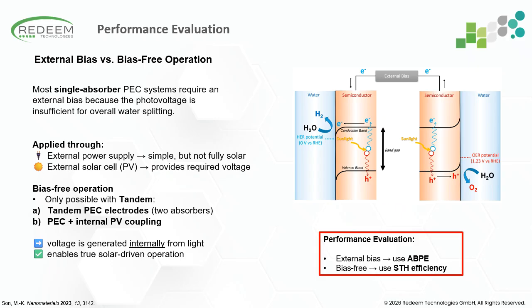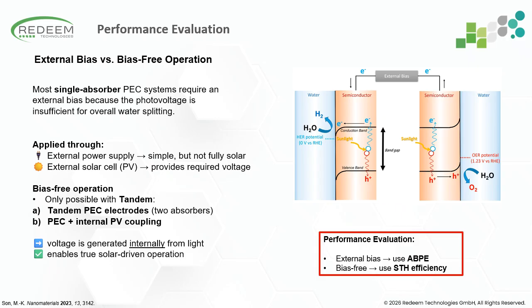The second operating mode is bias-free operation. Here the entire driving voltage is generated internally from sunlight. This can only be achieved by using tandem absorbers or by integrating a photovoltaic component directly into the PEC device. Bias-free operation is therefore much more challenging, but it represents true artificial photosynthesis because no external electrical energy is required.